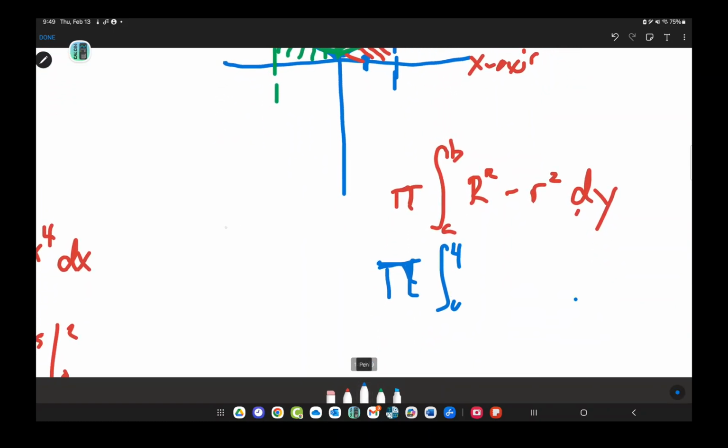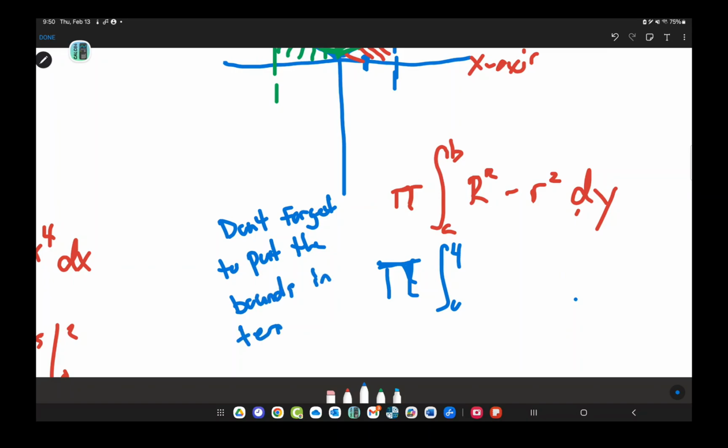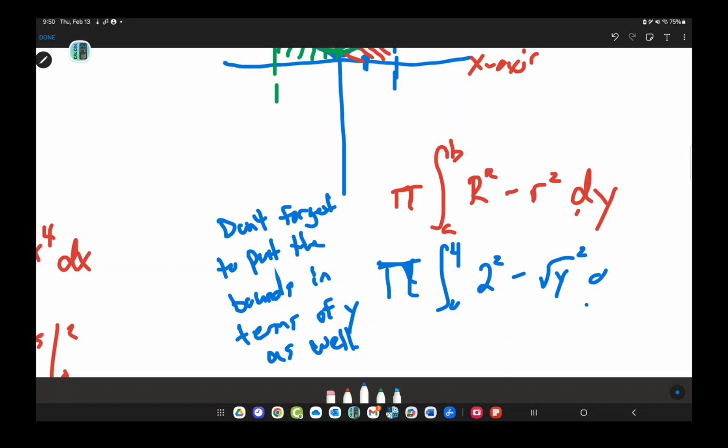So don't forget to put the bounds in terms of y as well. My big R was 2 squared. My little r was the square root of y squared, dy.